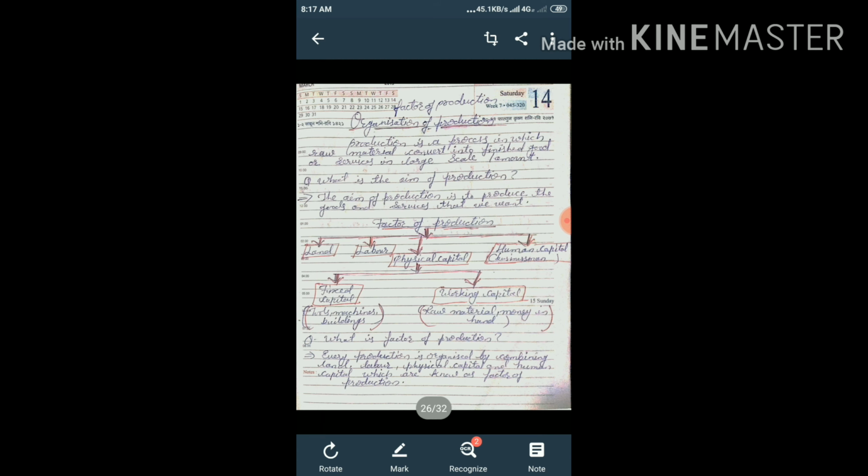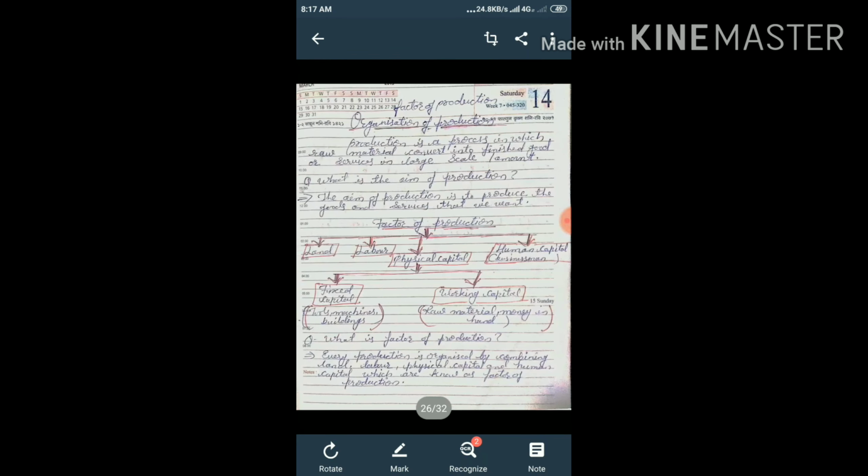Every production is organized by combining land, labor, physical capital, and human capital, which are known as factors of production.